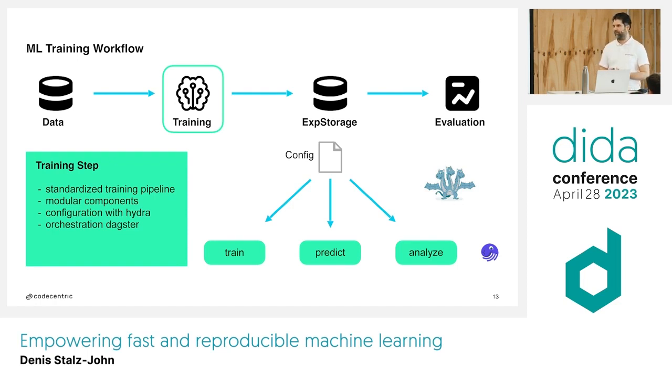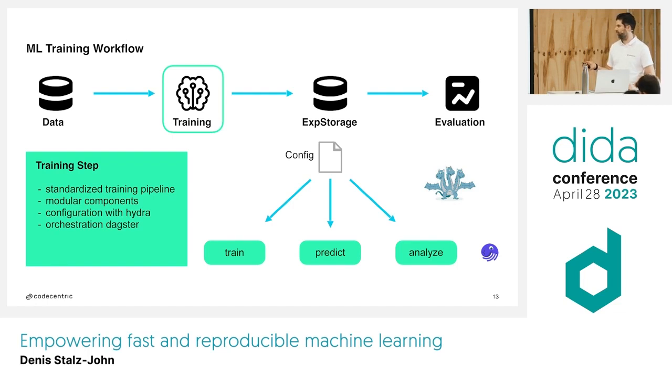For example, the model architecture or the optimizer, or how you analyze the data, how you store the data or how you store the prediction on the disk. Everything is done by an interface, and you only have to implement the interface. You don't need to care about reproducibility. This is stored by the pipeline itself. You only need to focus on the parts you want to change in the experimentation.